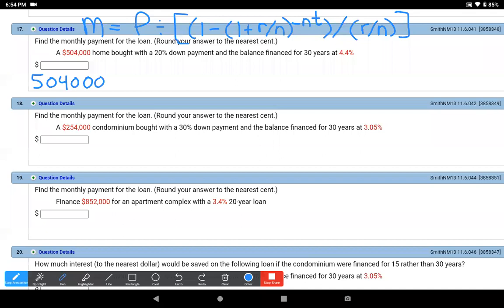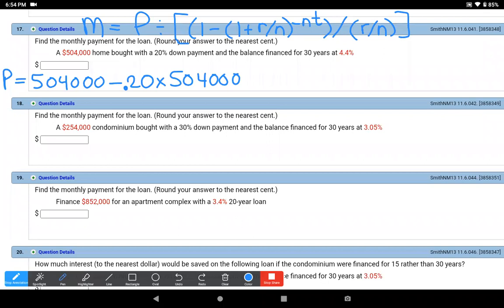So they paid 20% of this amount already, right? So that's actually going to be P, because they're not financing the whole house. They're just going to finance like 80% of the cost of the house. And they're going to put the other amount down, right?